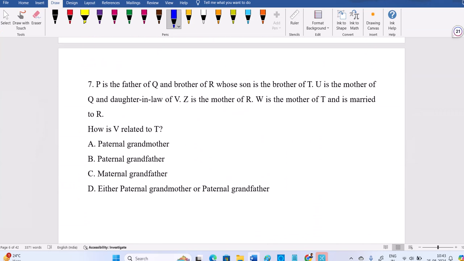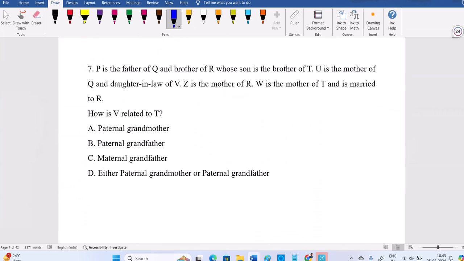Now see the seventh question. Waiting for your response, waiting for your answers. P is the father of Q and brother of R. Whose son is brother of T?